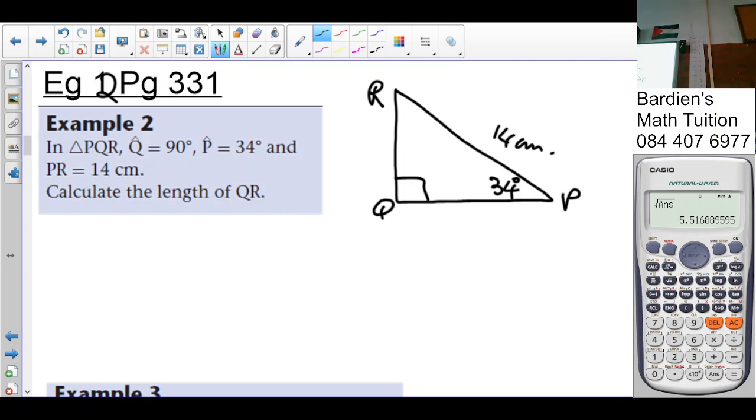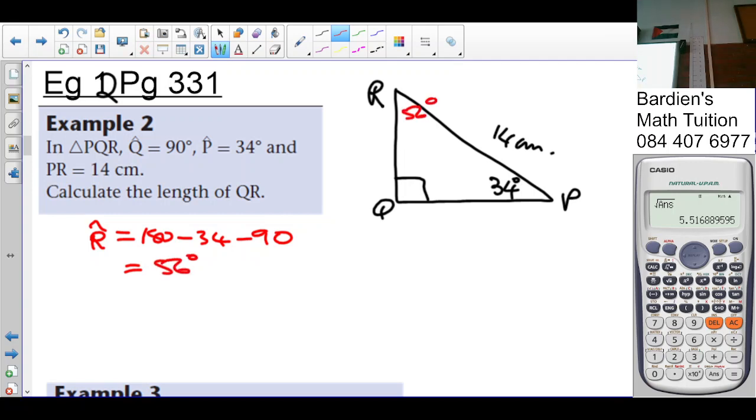So what can be calculated here? Angle R. Angle R is equal to 180 minus 34 minus 90, which is 56 degrees.